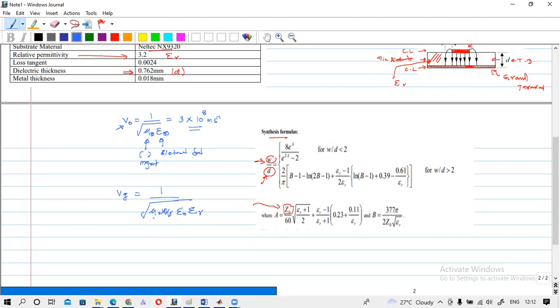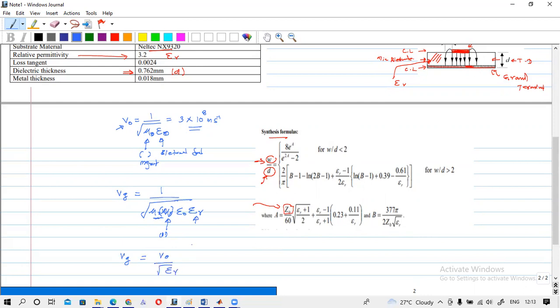For any dielectric, this mu r is very near to 1, so we can ignore mu r and only consider epsilon r. In other words, substituting V naught and assuming mu r is equal to 1, you get Vg is equal to V naught divided by root epsilon r.